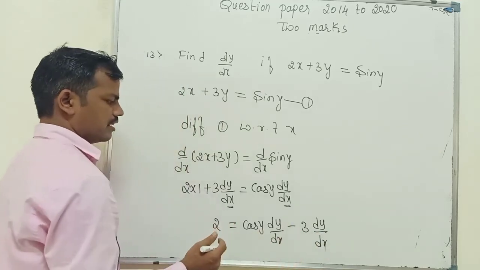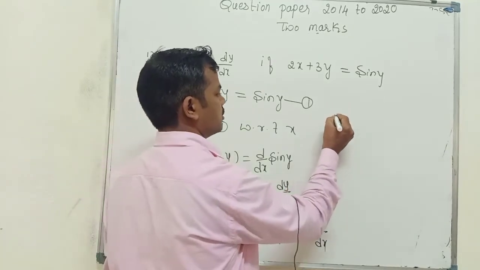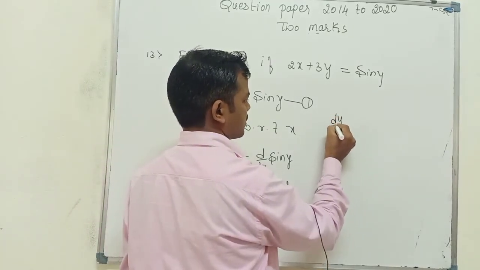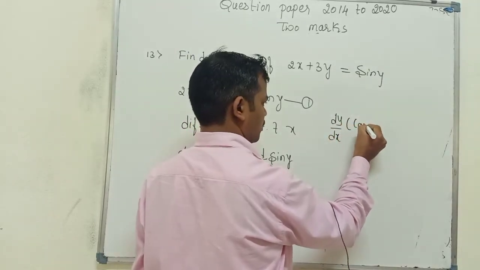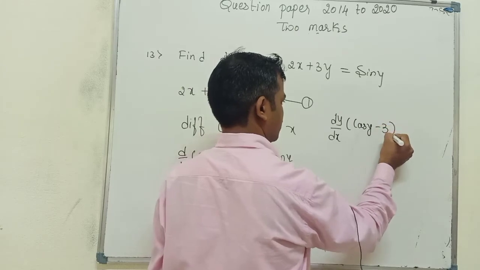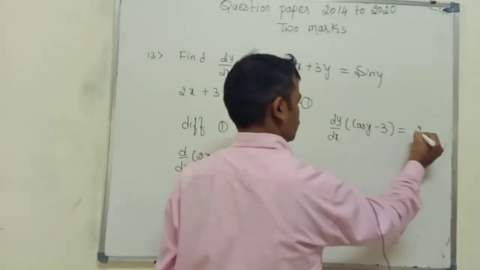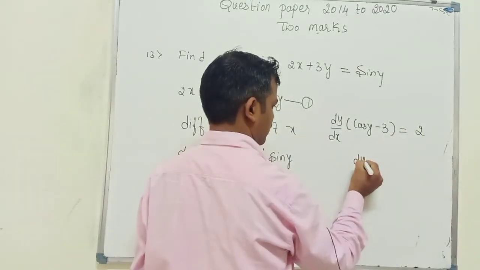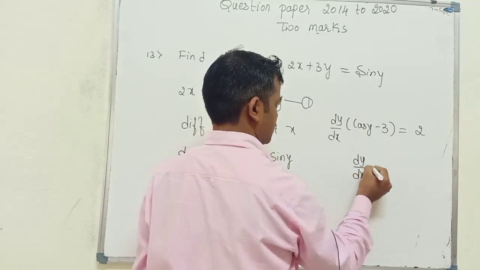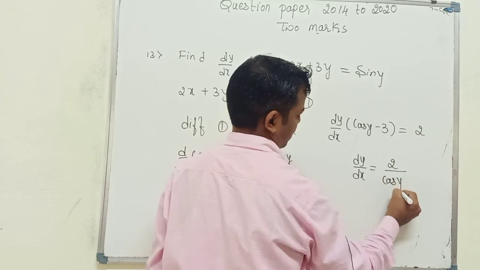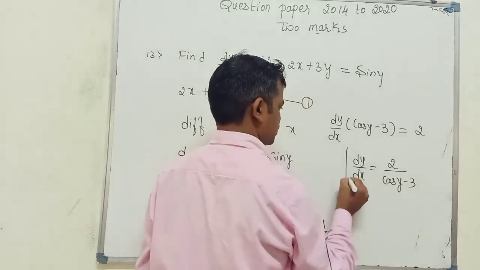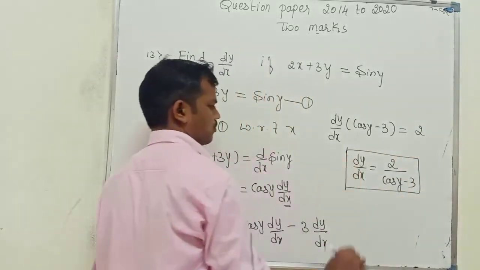Taking dy by dx common, cos y minus 3 is equal to 2. So dy by dx is equal to 2 divided by cos y minus 3. So this completes the problem.